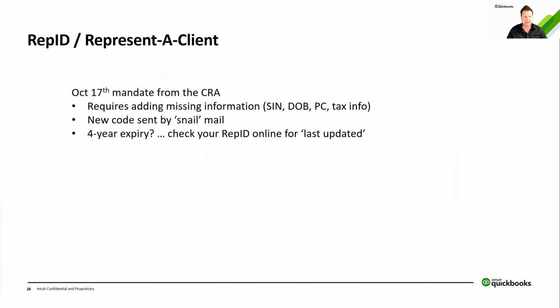On the notes from the rep ID or the represented client, I actually spoke with the CRA directly. There was an October 17th mandate. Any rep IDs that had information missing, such as social insurance numbers, dates of birth, postal codes, any kind of tax info, what happened is that their accounts were deactivated, or let's say expired or put on hold, and it requires you to have a new code sent by snail mail.